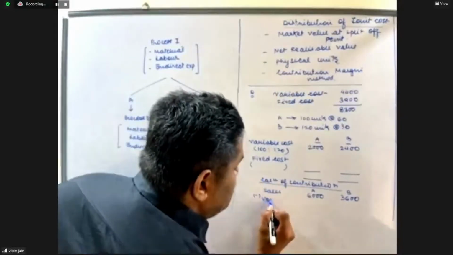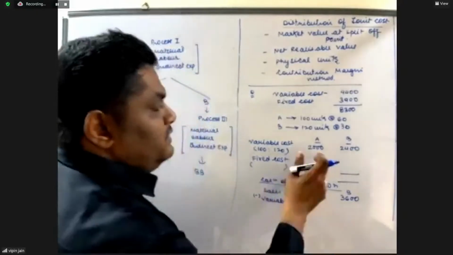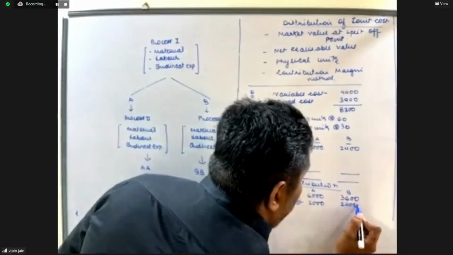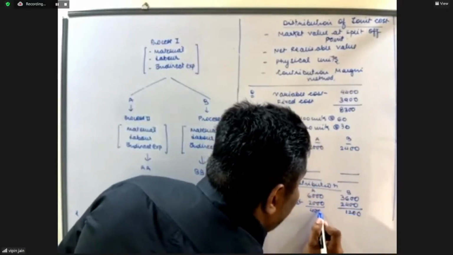Further, the variable cost as distributed is 2,000 and 2,400. So the contribution will be 4,000 and 1,200.